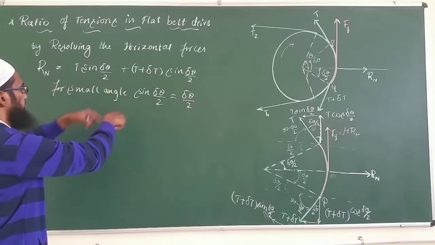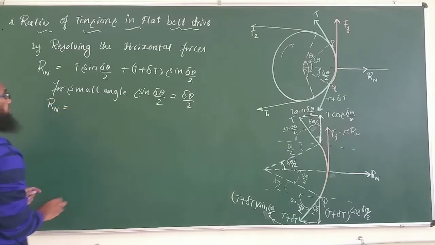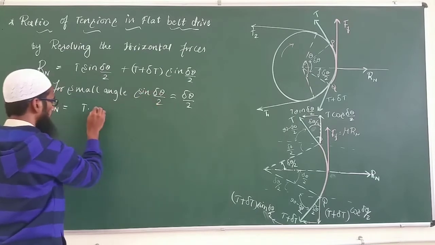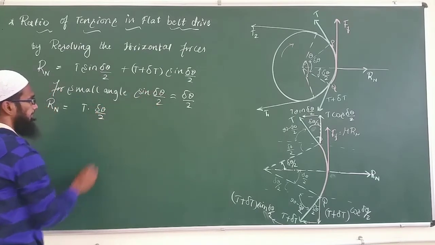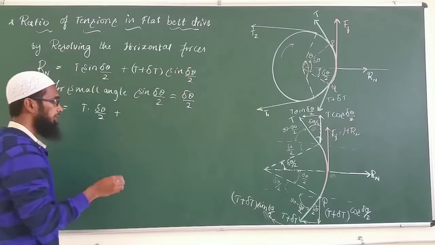Now I'll substitute this condition here, that is Rn, the normal reaction. In place of sin(dθ/2) I'll write only dθ/2, so this entire term is dθ/2 only.